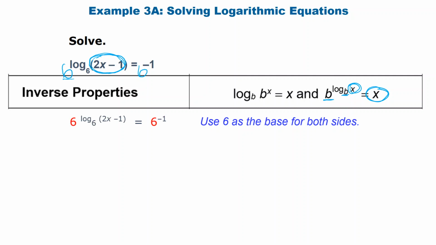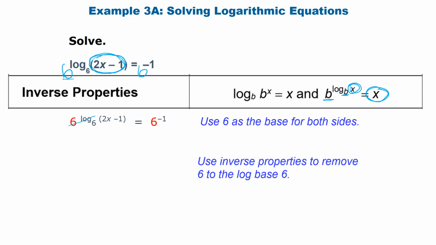All right, and now I can use the inverse properties to remove 6 to the log base 6. So I'm using this property. I'm going to get rid of all of this, and I end up with 2x minus 1 equals 6 to the -1 power. Remember, 6 to the -1 power: the negative doesn't mean it's minus. It means to take the reciprocal, 1 over 6.